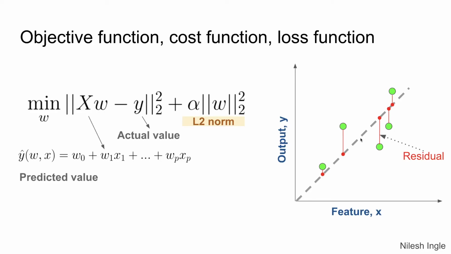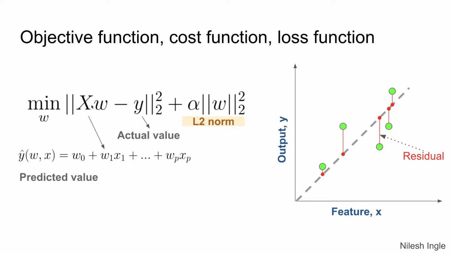Now, the objective function, if you remember from the previous video where we looked at ordinary least squares, just had this first part where we are trying to minimize this function to find the best fit.